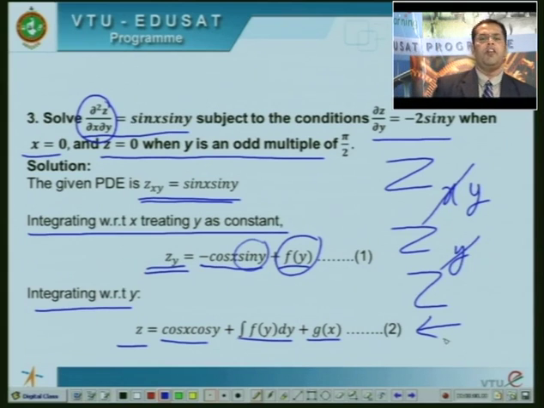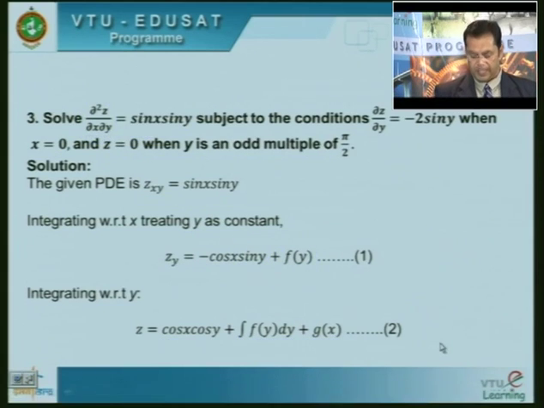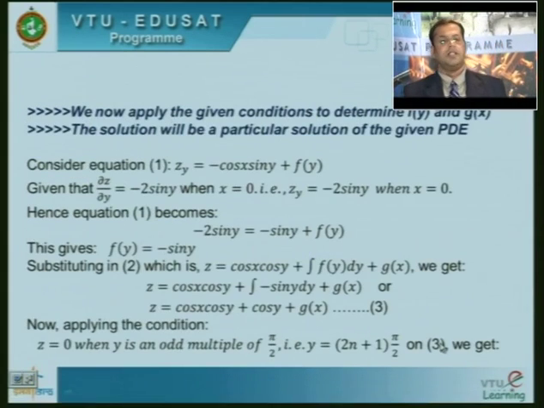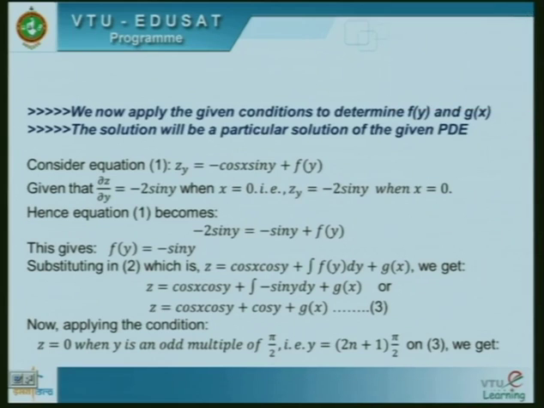Now, we will apply the given conditions to the solutions obtained. You can observe, we now apply the given conditions to determine the functions f of y and g of x. When you do that, the solution will be a particular solution of the PDE. So, how to apply these conditions?